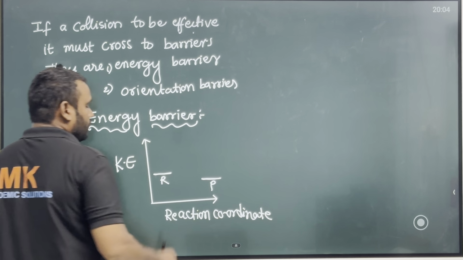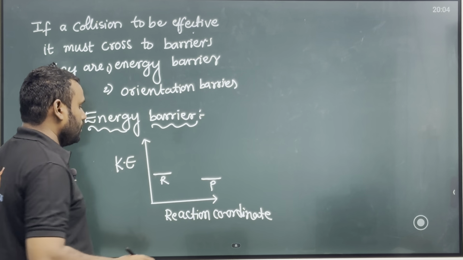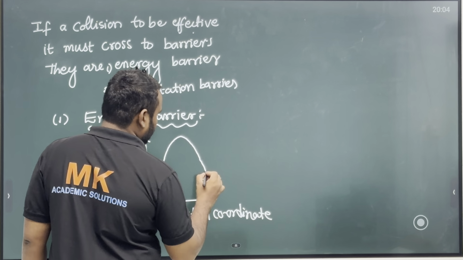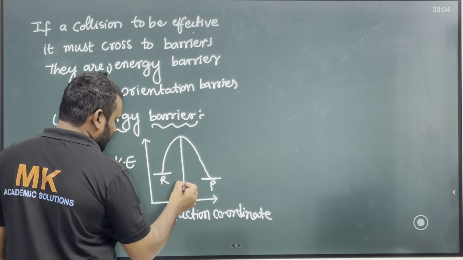Before the reactant converts into product, it must cross some energy. This is known as the energy barrier.